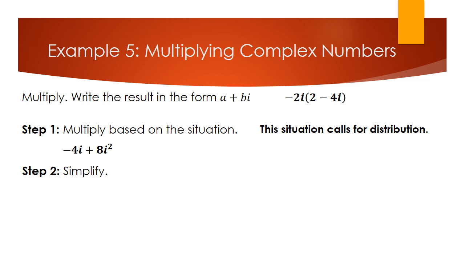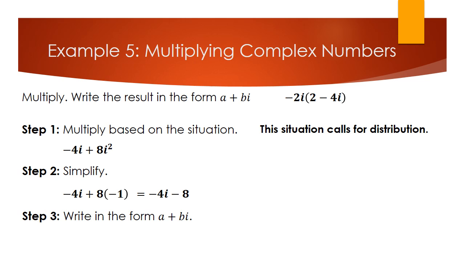Now we're just going to simplify that. Remember, i squared is the same as negative 1. Anytime you have i squared, you can replace it with negative 1. So now you have negative 4i plus 8 times negative 1, which becomes negative 4i minus 8. Finish it out by writing in the form of a plus bi. Your imaginary term is second, so it's going to be negative 8 minus 4i.